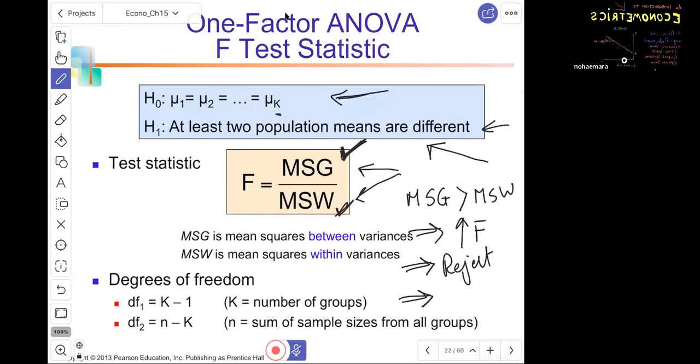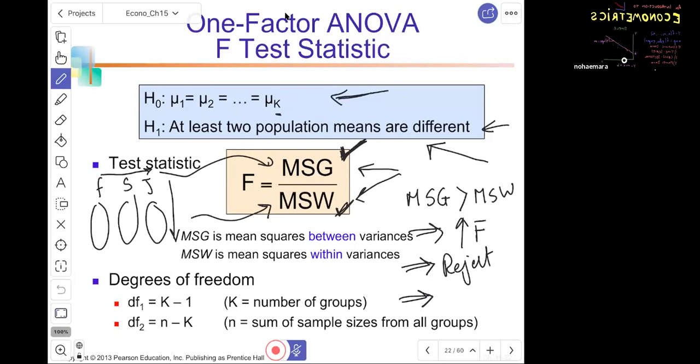In other words, if I have my freshman group, my sophomore and the junior, and I have 7 students here and 7 students here and 7 students here, which one matters more? Is moving this way matters more, and this would bring me to this one, or moving vertically matters more, which would give me this one. And the null hypothesis is about moving horizontally. Is there a statistically significant difference between groups?